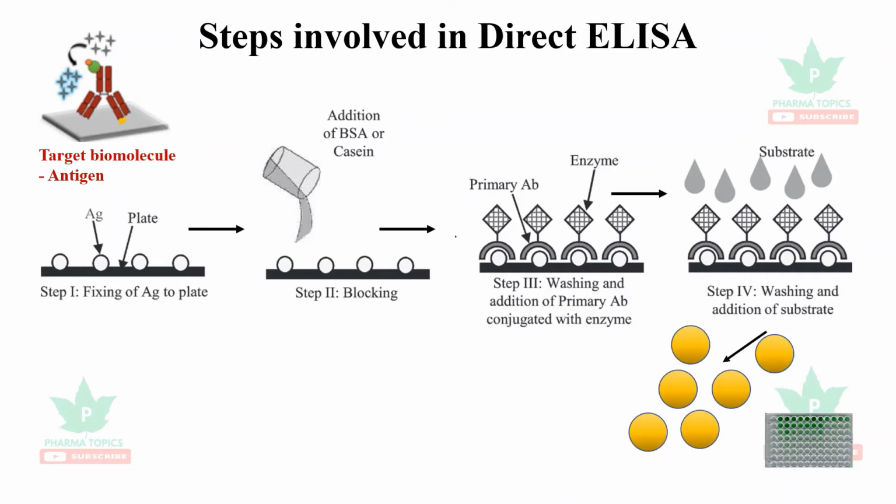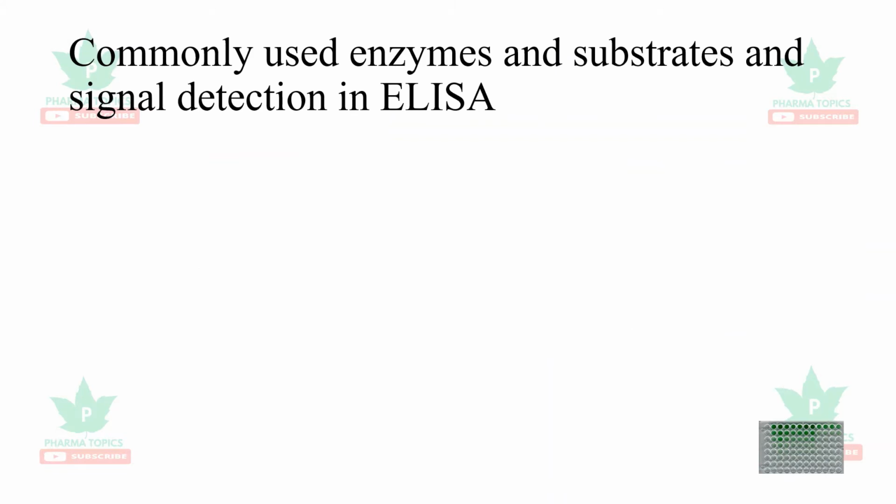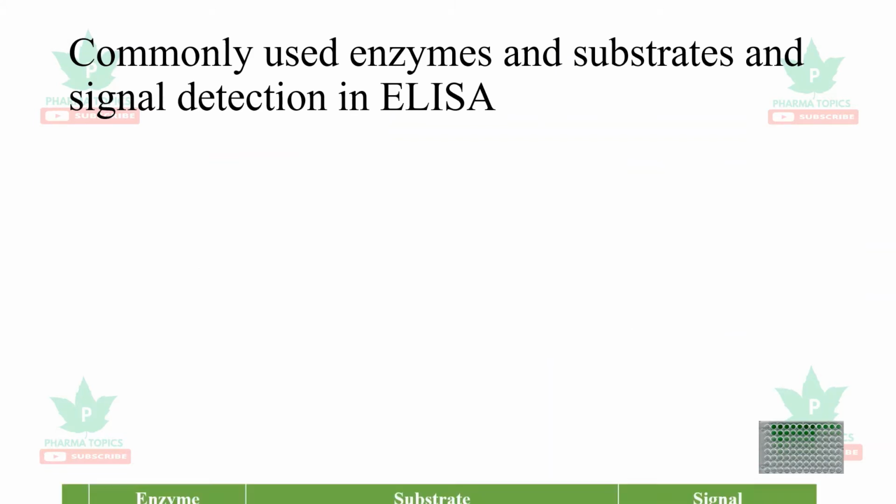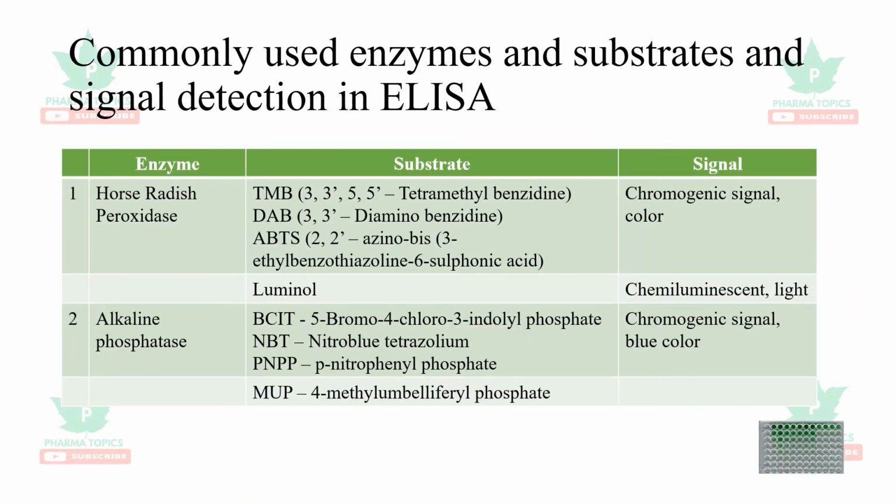Whenever the substrate gets metabolized by the enzyme, then the fluorescence is detected in the detector, which is taken for consideration. The commonly used enzymes and substrates and the signal detection in the ELISA: first is horseradish peroxidase enzyme, which is very widely used. The substrates used are tetramethylbenzidine, diaminobenzidine, 2,2'-azino-bis(3-ethylbenzothiazoline-6-sulfonic acid).